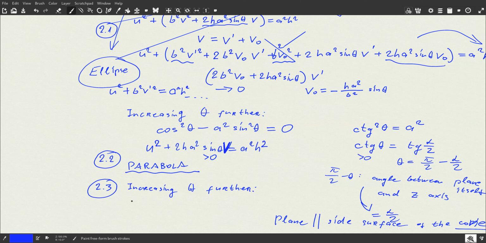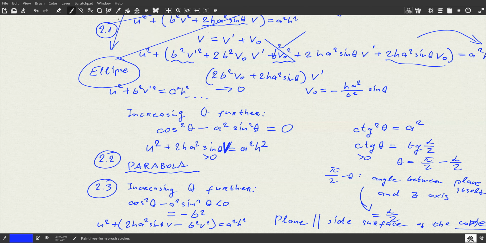Now the coefficient is negative, and we denote it by minus b squared. So we have u squared plus 2ha squared sine theta v minus b squared v squared equals a squared h squared.